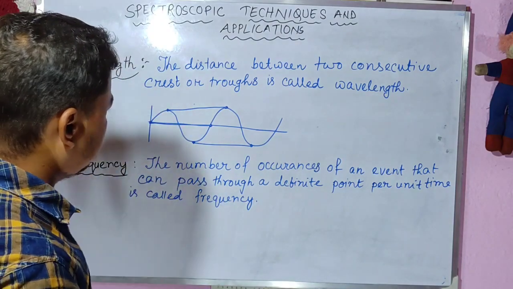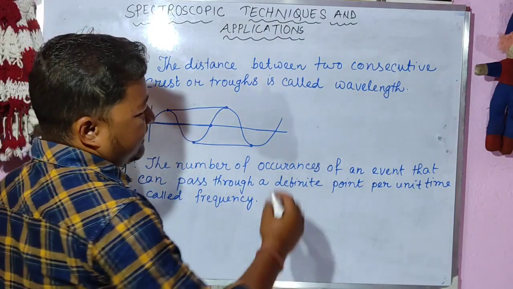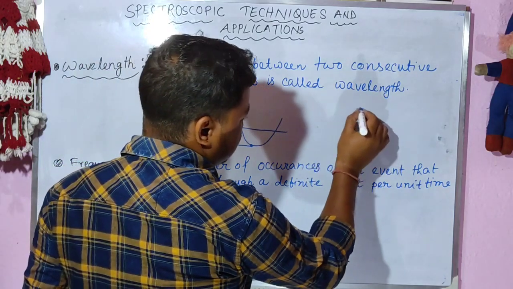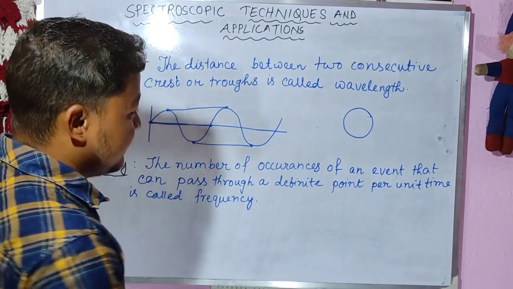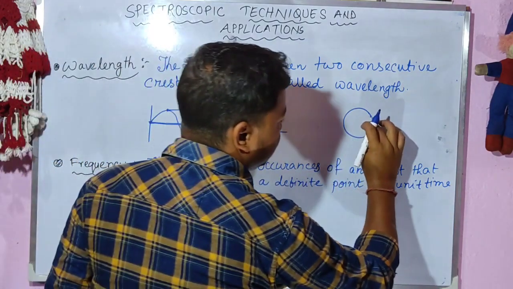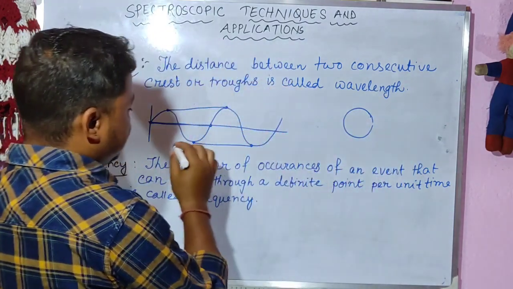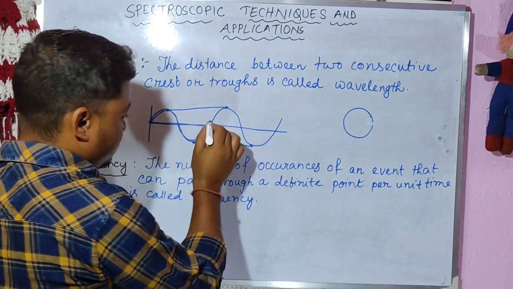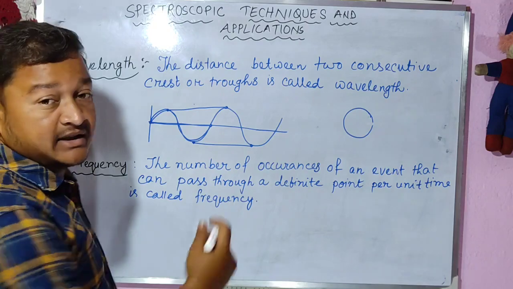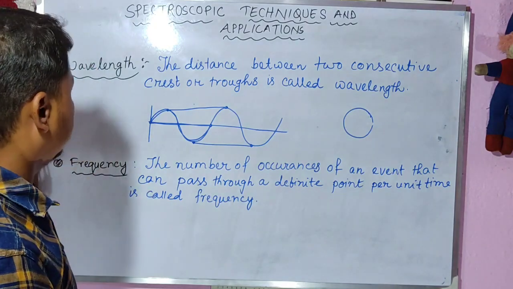So if we simply say that if there was a circle, and if we cut into one point and arrange into this type, so full form is a wavelength.